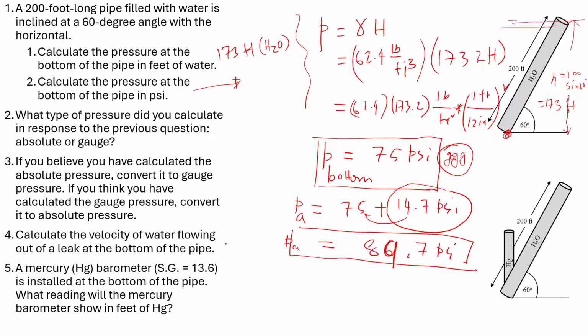And then the next question, number 4, is asking, if you have a leak at the bottom of the tank, what would be the velocity of the flow? The total energy stored here is mgh, that's the potential energy stored right here, and this is the ground. Then if there is any leak, everything will come out as a half mv square kinetic energy.